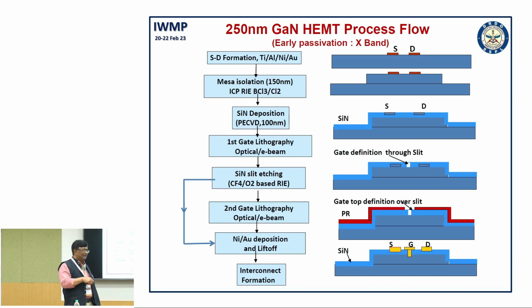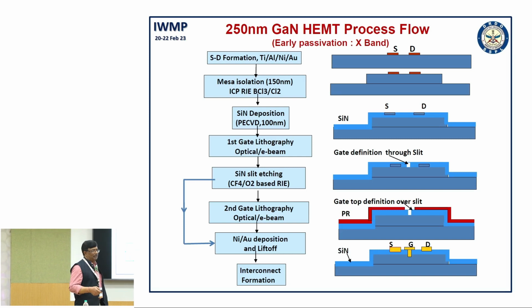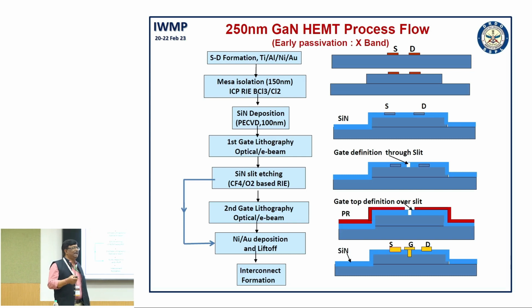So, that is how we are getting our T shaped gate. So, this second lithography step can be optical also, because normally the head is around 1 micron. So, it is possible to define that with optical also, but there you can compromise the placement accuracy, because electron beam gives you the best placement accuracy.